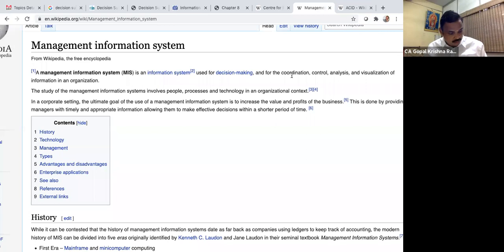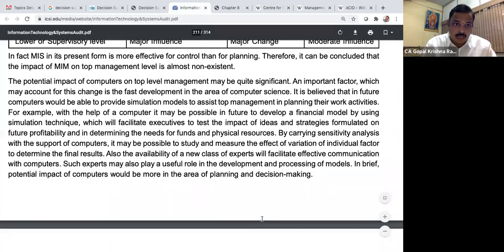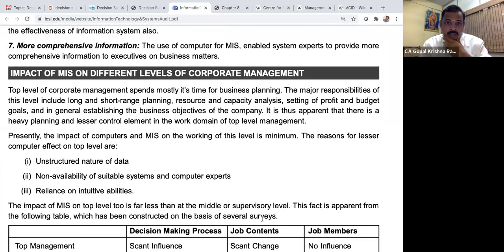Okay, please look at page number 187. Impact of MIS on different levels of corporate management. Top level of corporate management spends mostly its time for business planning.